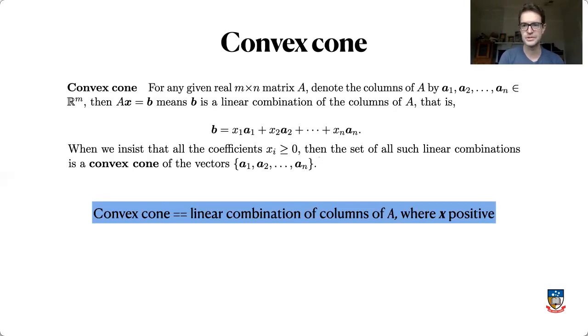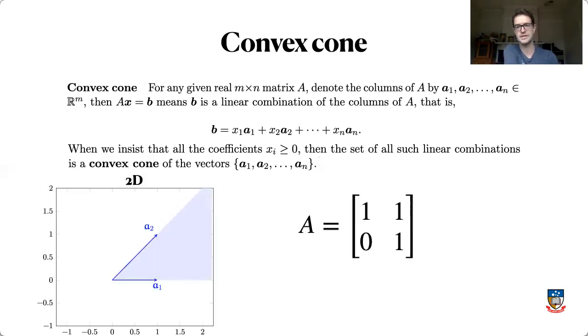We can do some pictures of these things. So here's the 2D example that I just showed you of a convex cone. And here I've written out the matrix. If I take the matrix 1, 1, 0, 1, the first column of that matrix A is the vector 1, 0, so it points along the x-axis. The second column vector is the vector 1, 1, so it points diagonally up to the right. That's my vector A2.